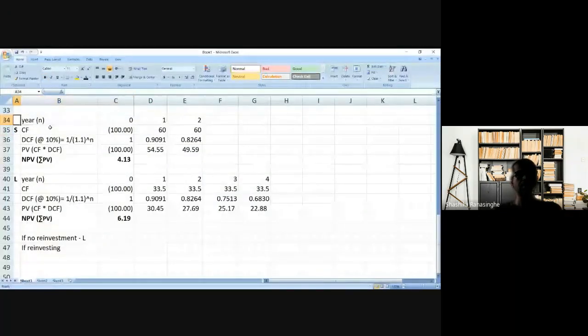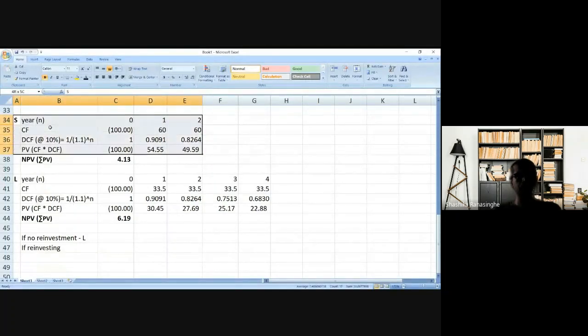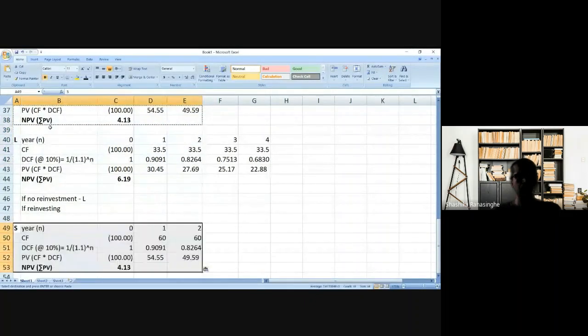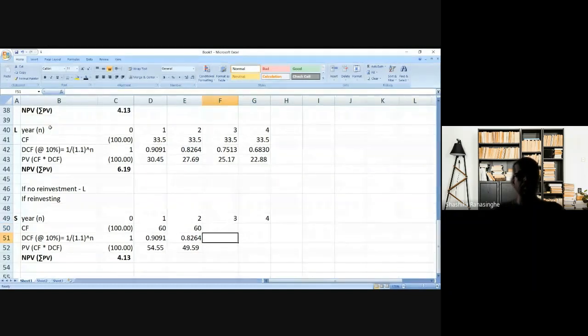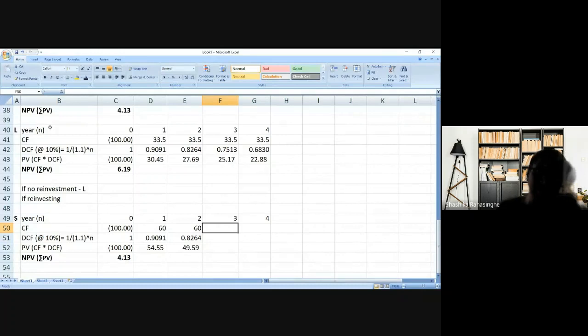Let's extract S once again. If you are reinvesting in S, it ends in the second year, and when it ends, you reinvest in the same project.